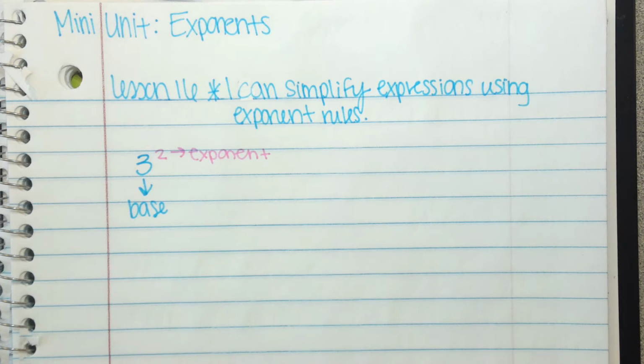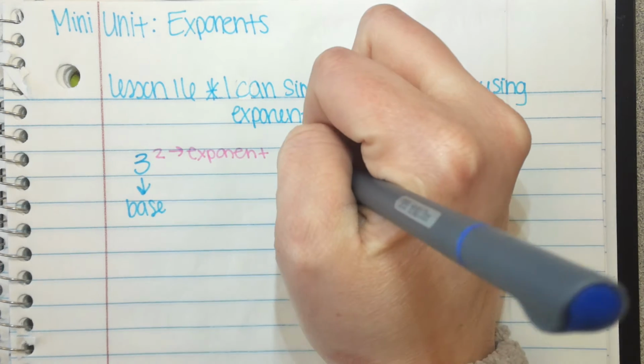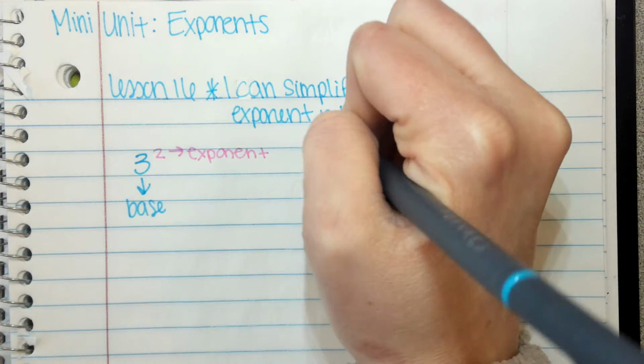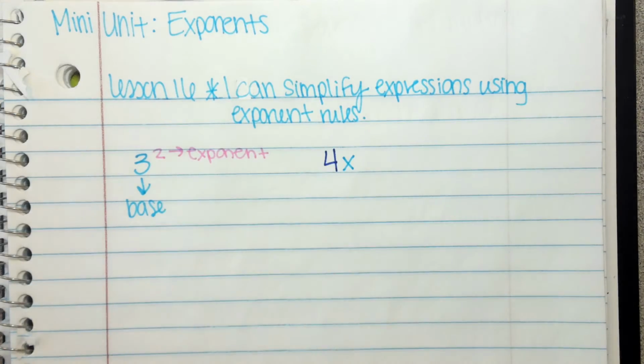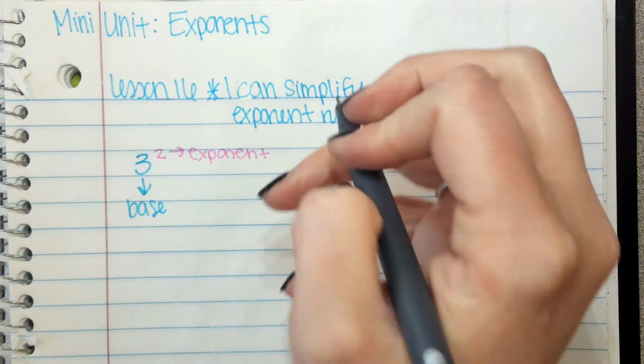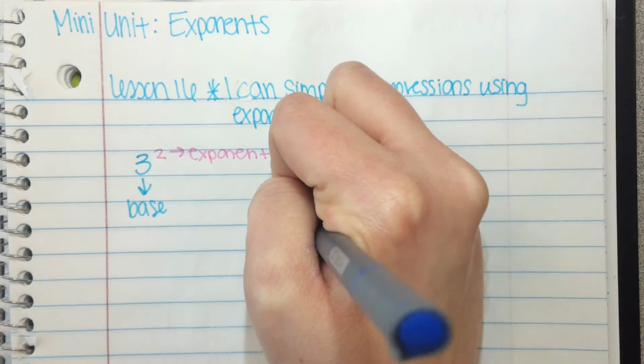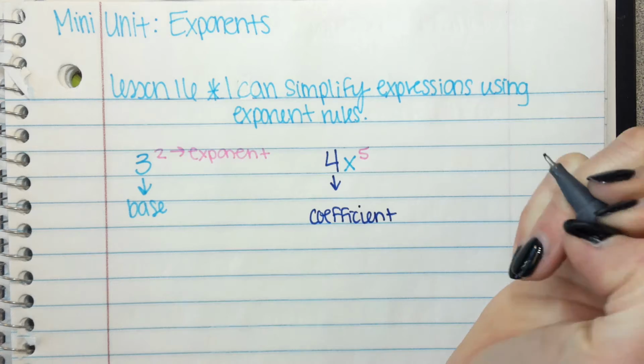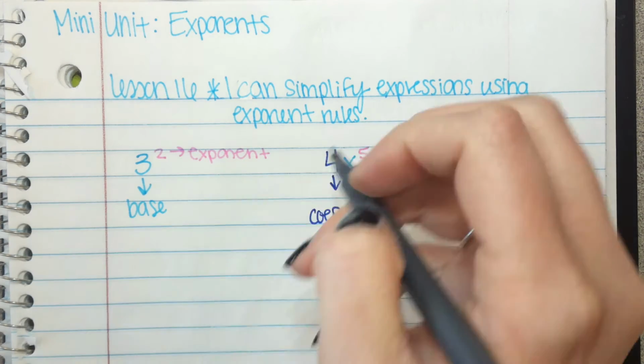Okay, and then when you have variables thrown in, we can have an extra piece. So if I say 4x to the 5th, okay, that 4 is now my coefficient. You guys should know that's the number that comes in front of a variable.